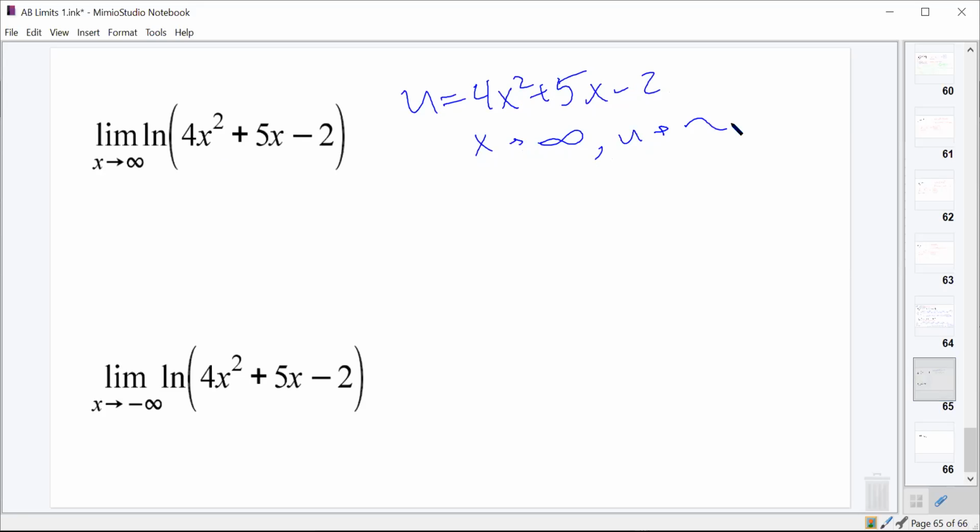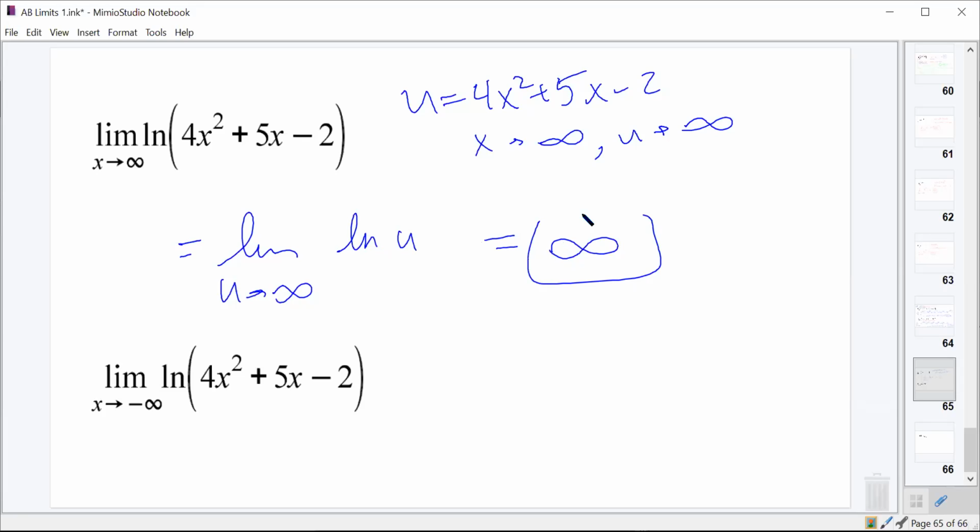Infinity, exactly. Infinity squared times 4 is a positive infinity. The 5x and the minus 2 are dominated by the squared power. So this becomes a limit as u approaches infinity of natural log of u. And as the x values on natural log get very large, what happens to the y values? They also get large. They increase forever, albeit not that quickly.